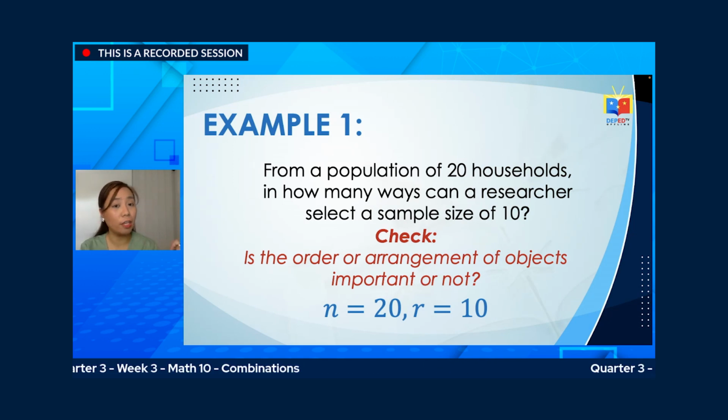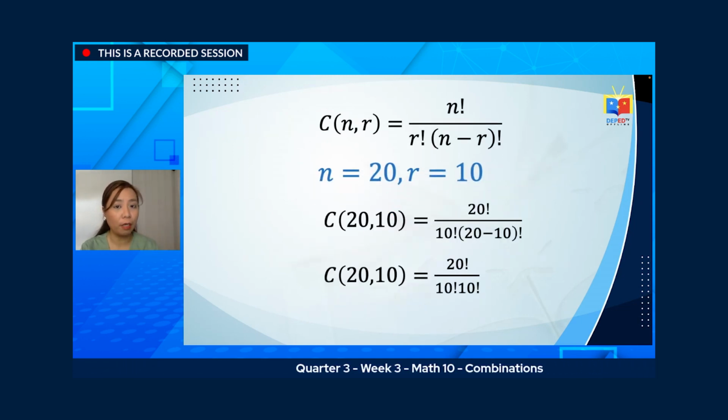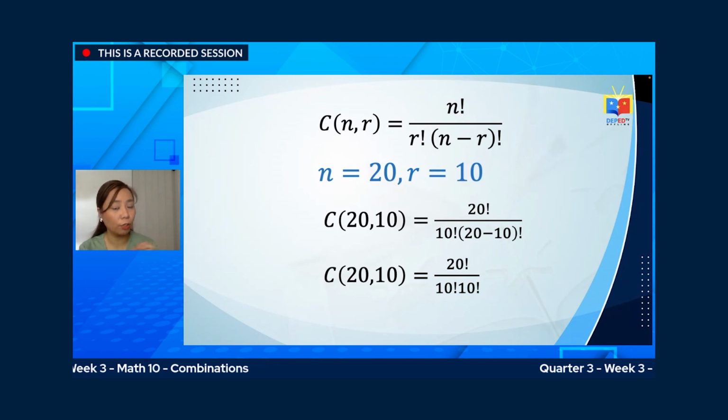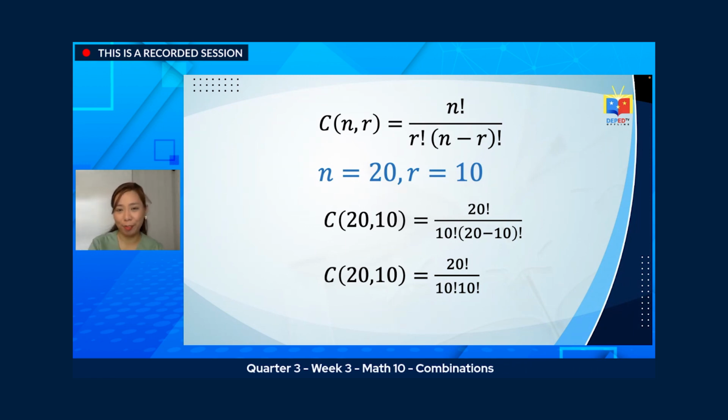Since we know that this is a combination problem and we have the given, we can now use the formula n factorial over r factorial times the quantity n minus r factorial. Reminder, keep on writing so that you will always remember your formula. So substitute these values.